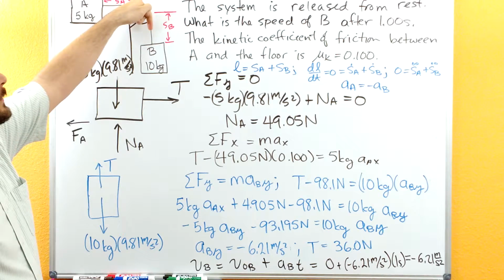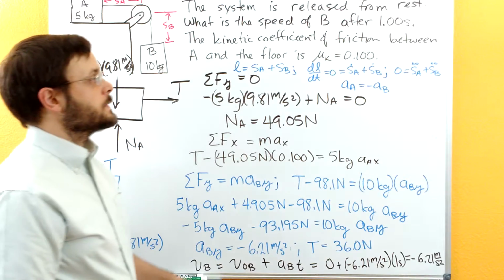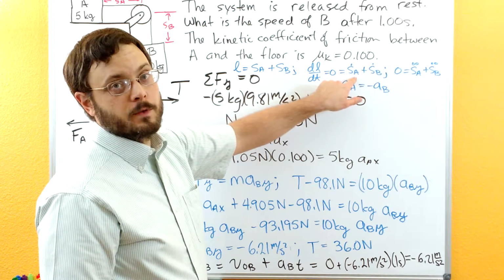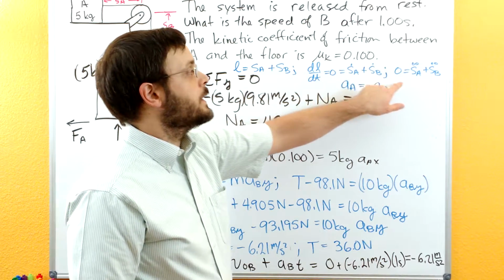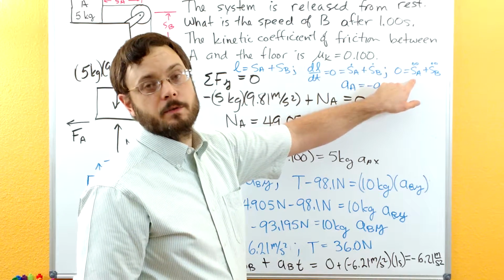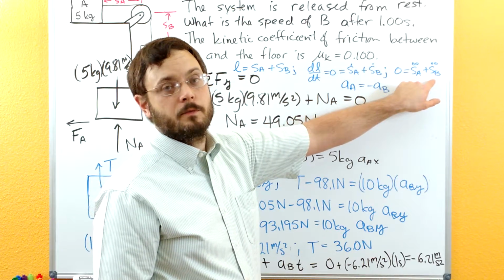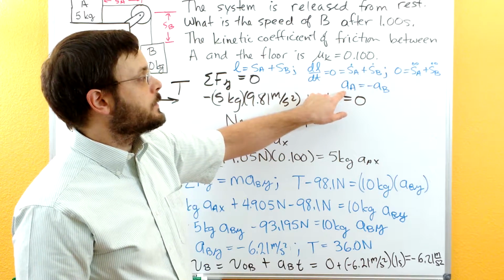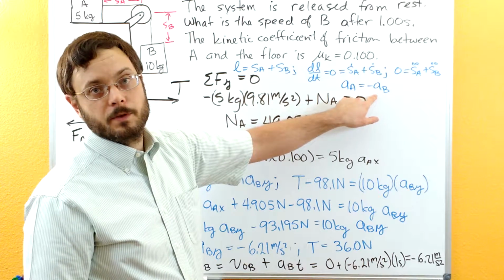If SB was to increase, B would be moving down. And so we can substitute in here that VA is equal to negative SA dot and VB is equal to negative SB dot. Likewise, the acceleration at A is equal to the negative of SA double dot, and the acceleration at B is equal to the negative of SB double dot. Plugging this in, we get that the acceleration at A is equal to the negative of the acceleration at B.